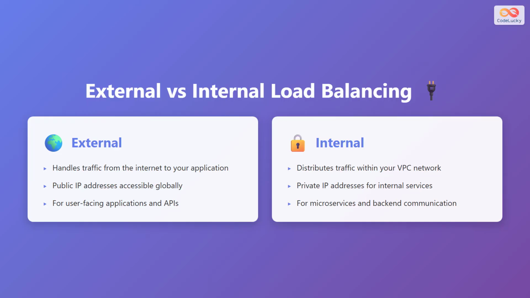They use private IP addresses for communication between internal services, making them ideal for microservices architectures and backend-to-backend communication. This separation ensures better security by keeping internal services isolated from the public internet while still maintaining efficient traffic distribution.